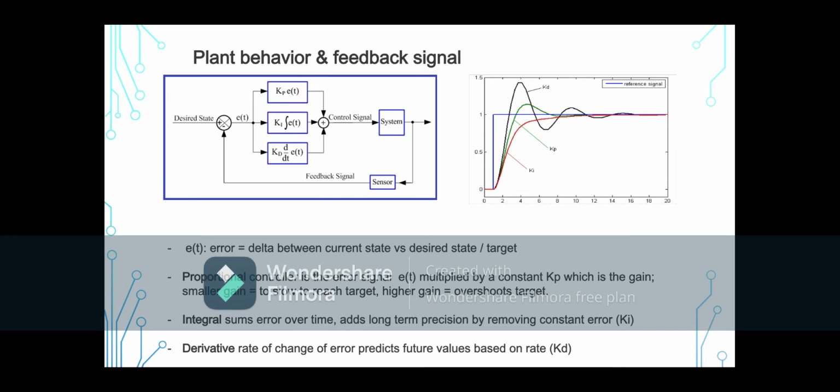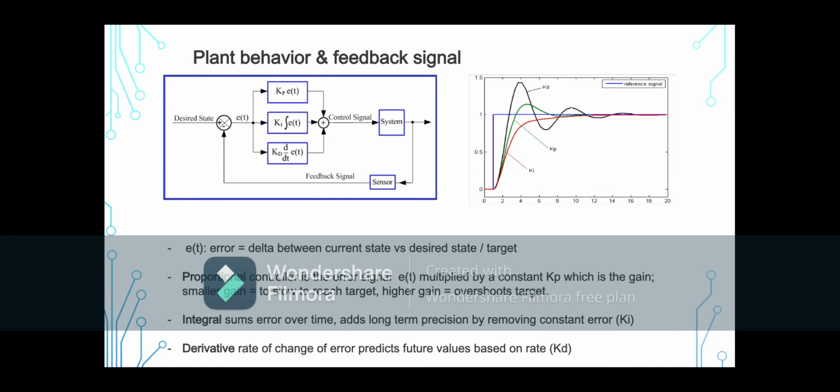So the signal to be fed back into the system will be a summation of these 3 different types of error, so to call it.